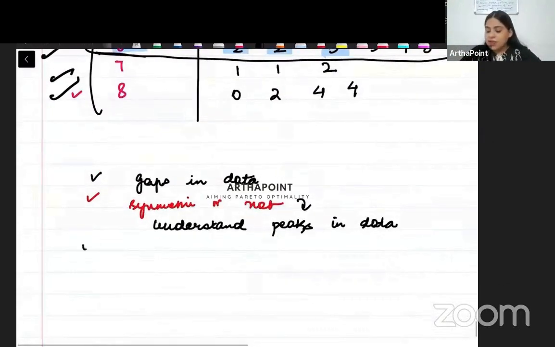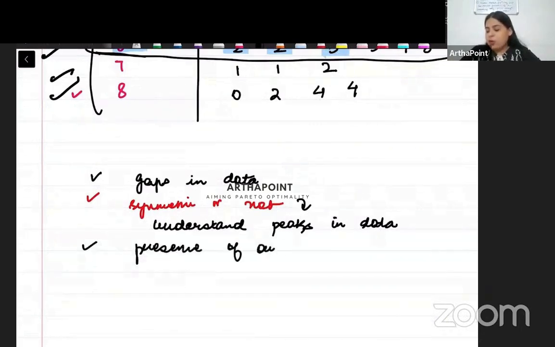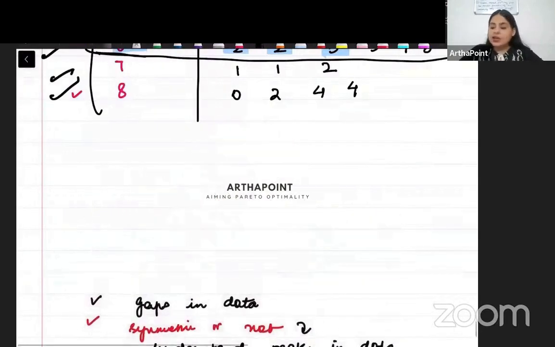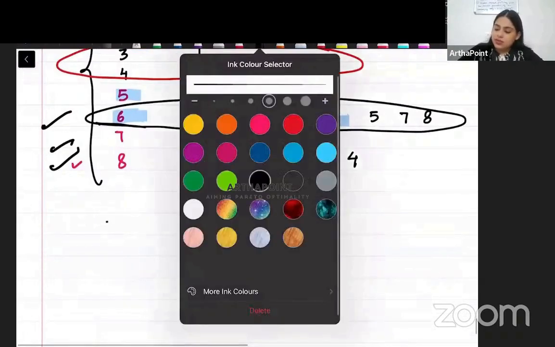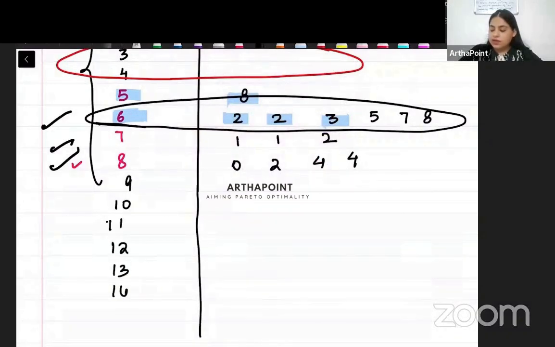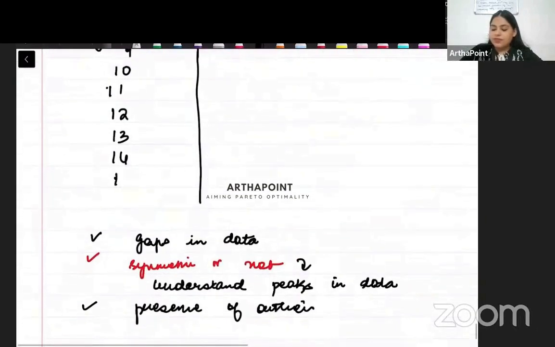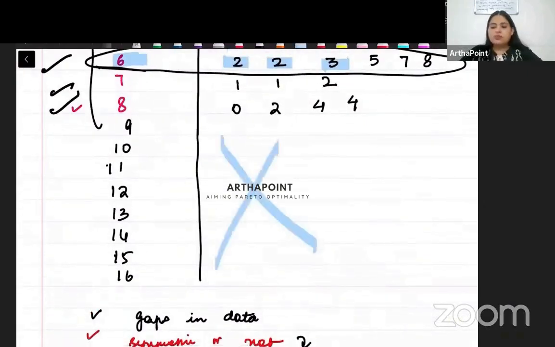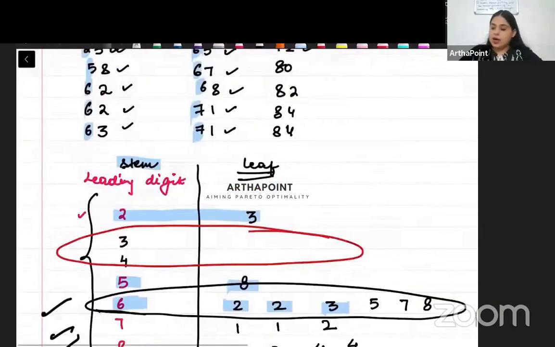And at last, you can know the presence of outliers also. So imagine something like this. Suppose I tell you that here I have 9, 10, 11, 12, 13, 14, 15, 16. यहाँ पे कोई भी data नहीं है. And all of a sudden, I had a number 161. यहाँ पर आ रहा था number.